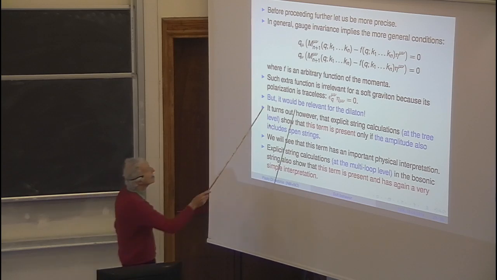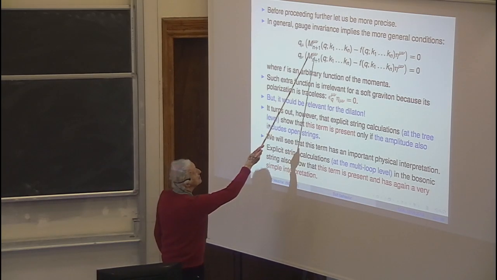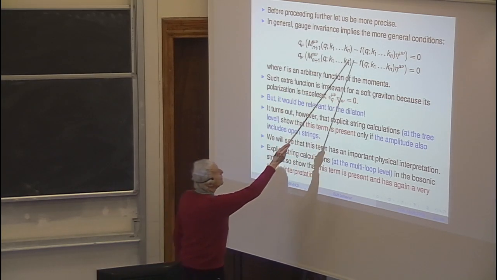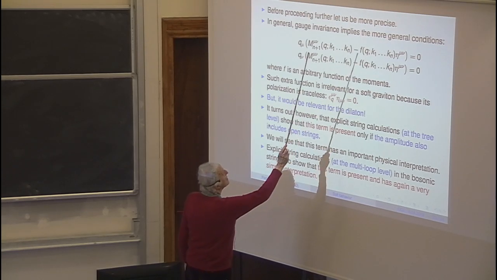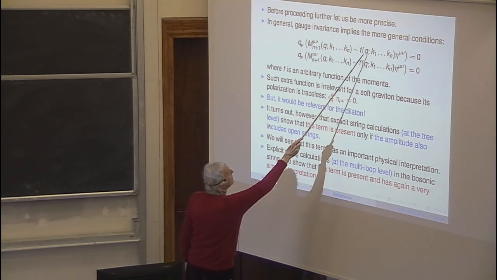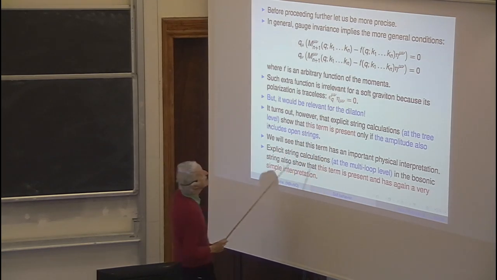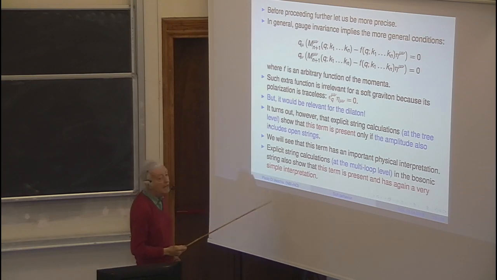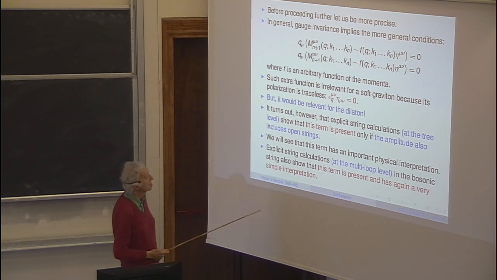In general, for gauge invariance, you have to add a term. In general, this times this is not 0. In general, you may add a term like that, where f is in general an arbitrary function.